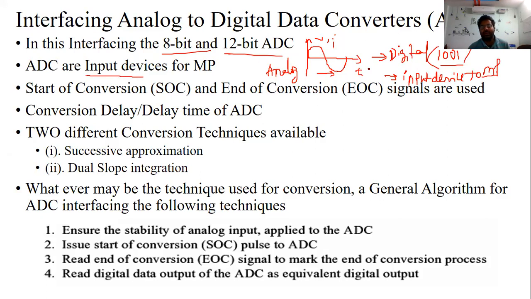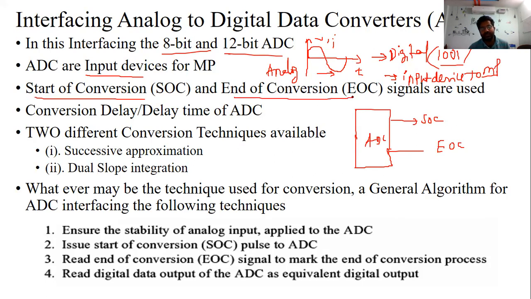When you operate this analog to digital converter, the ADC has two main signals. One is SOC, start of conversion, and the second one is EOC, end of conversion.